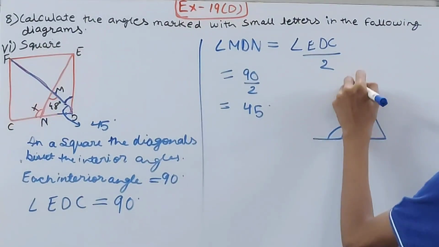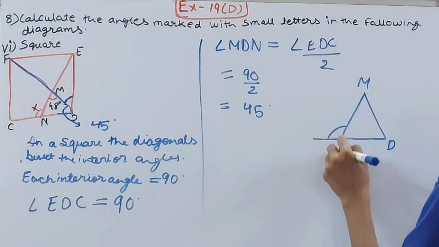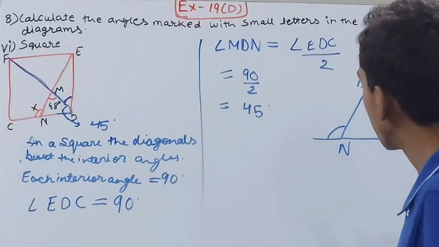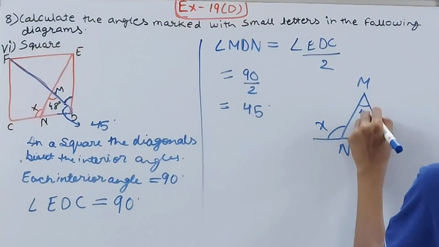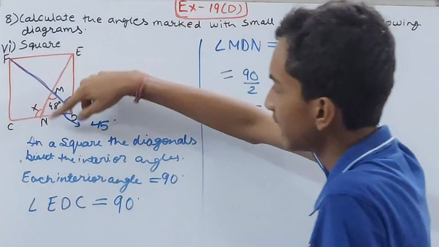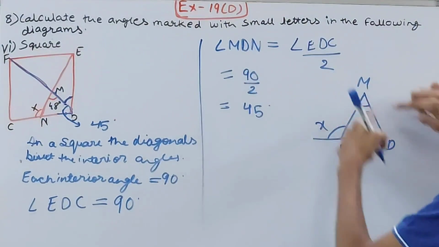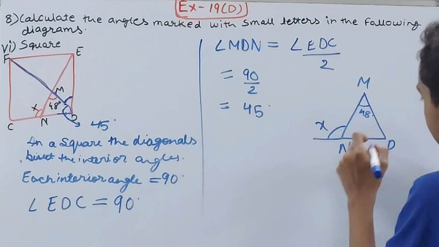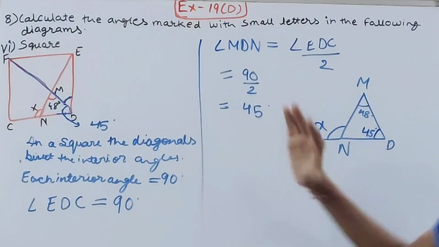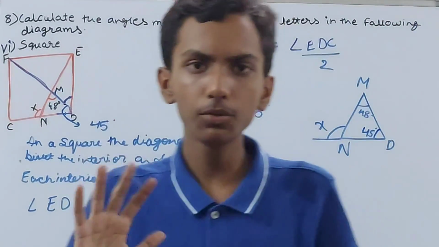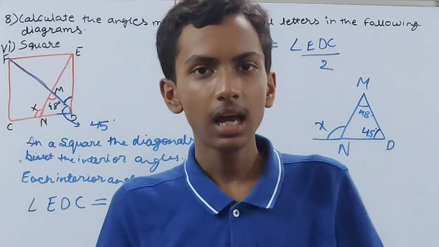This is M, this is D, this is N. This is just to make it simple, you don't have to write this. This is X. This was 48 as it was given to us. NMD, as I said, is given. MDN we have taken out, it is 45 degrees. Do you see anything that we can do? Any property we can apply?